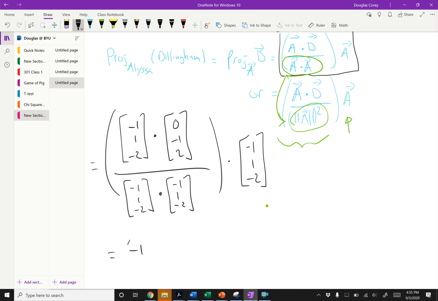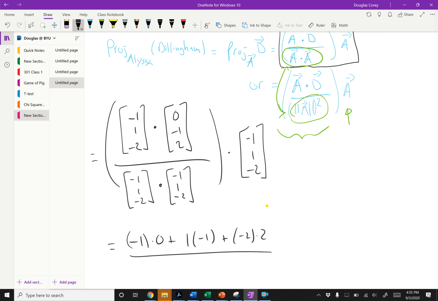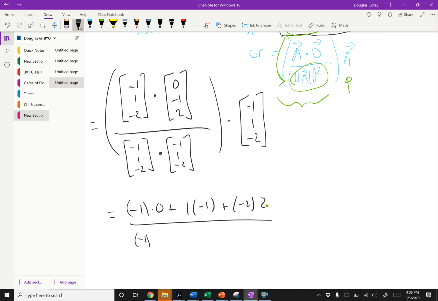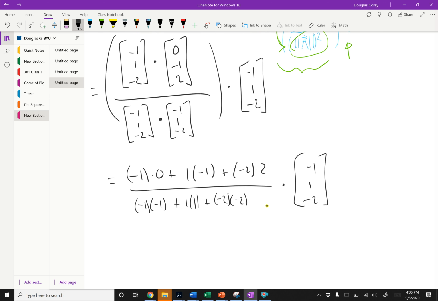In the numerator, we're going to have -1 times 0, plus 1 times -1, plus -2 times 2. In the denominator, we will have -1 times -1, plus 1 times 1, plus -2 times -2, and multiply that all by the vector (-1, 1, -2). And we can simplify the numerator.